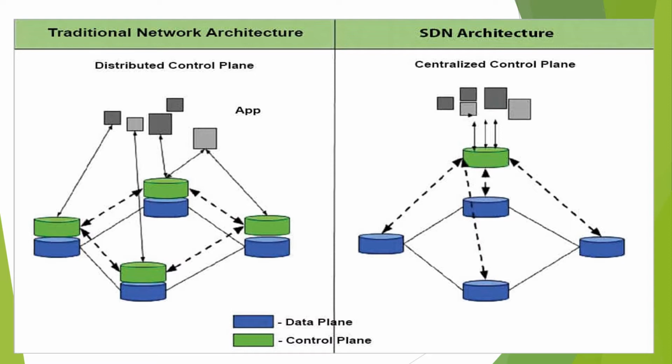And the configuration needs to be standalone. Now if we see the SDN architecture, there is a centralized control plane here, and we are only connecting to a single control plane device, which is a controller, and that controller is communicating with all the other network devices. So this is the difference. A single controller is pushing configurations to all the network devices.